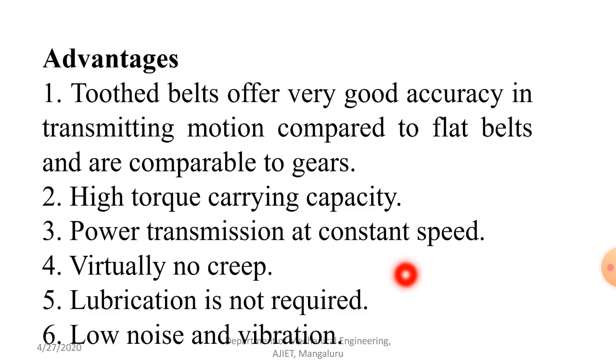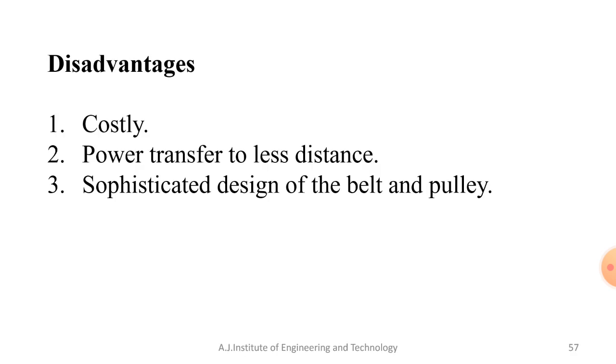Sixth one, low noise and vibration. So vibration and noise will be very less in this type of belt drive. Now coming to the disadvantages. It is costly, the manufacturing of the belt, because you have to make a tooth profile over the belt as well as for the pulley. So that's why the maintenance cost, whatever the cost related to this, will be very high. Second one, power transfer for less distance.